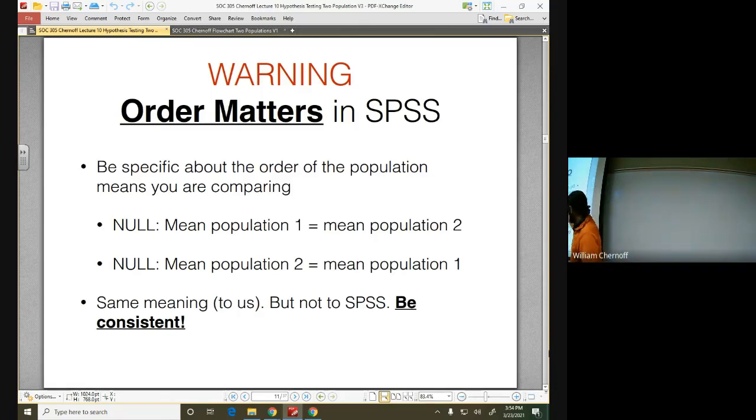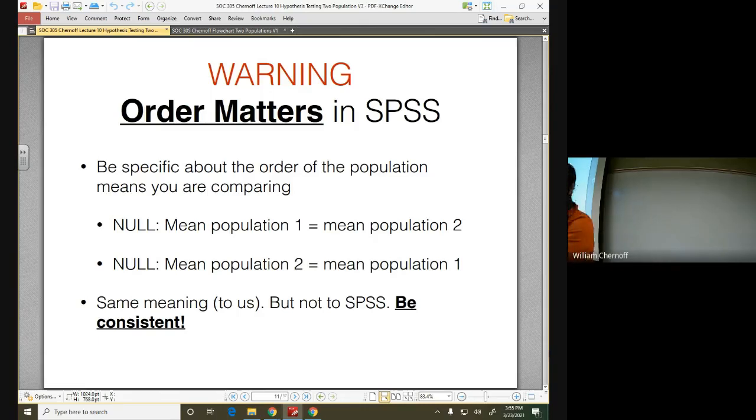You might have a null hypothesis that the population mean for population 1 equals the mean for population 2. The groups are the same. There's no difference. Now, another way you can write that exact same statement is shown here at the bottom. The mean for population 2 is equal to the mean for population 1.